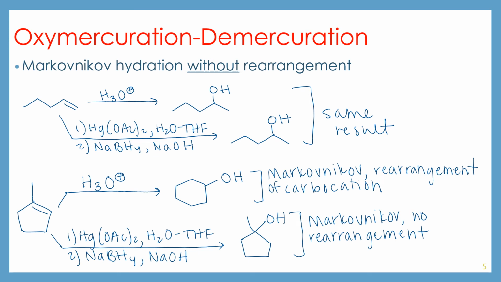We have this cyclopentene or methylcyclopentene reacting with aqueous acid. This would do a rearrangement to give us a 6-membered ring. And in the case of oxymercuration demercuration, you do not end up with a rearrangement.